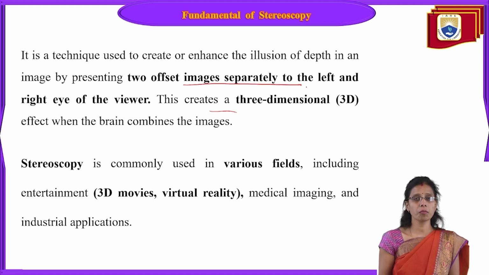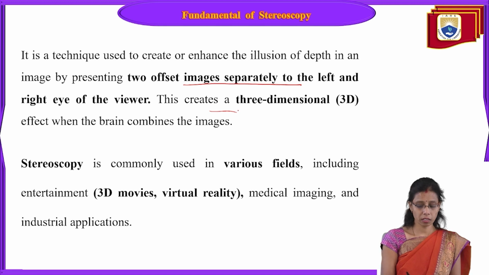When you close your right eye and see from the left eye, you see one image; when you close your left eye and see from the right eye, you see a different image. But when you see with both together, the brain combines the images and shows you a 3D image.